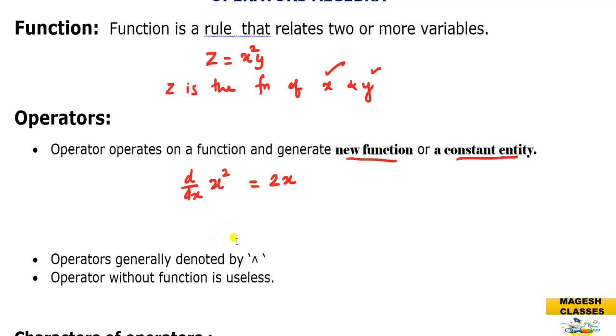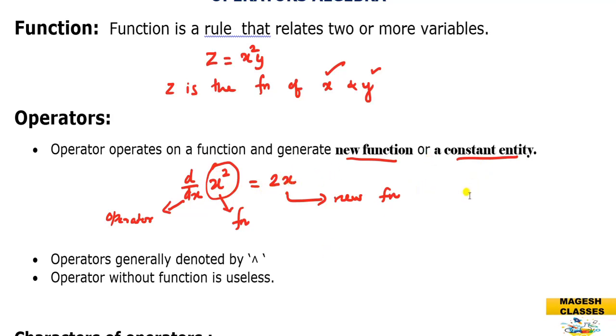A simple mathematical operation. Here it is the operator, this is the function, and this is the new function. Clear? The operator operates on a particular function to form the new function.